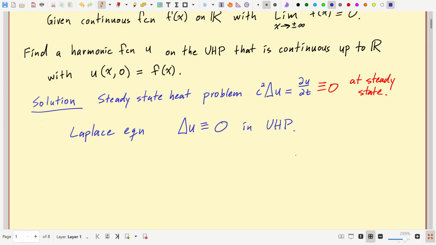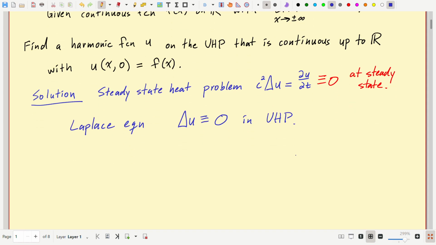So this is a problem earlier in the semester you had a homework problem about. We're going to try a u of x, y of a special form, namely X of x times Y of y. And you did this problem. And you found lots and lots of solutions, way more than in the Fourier series case, because there's no boundary conditions at all.